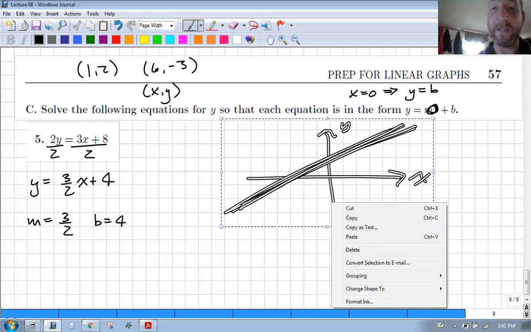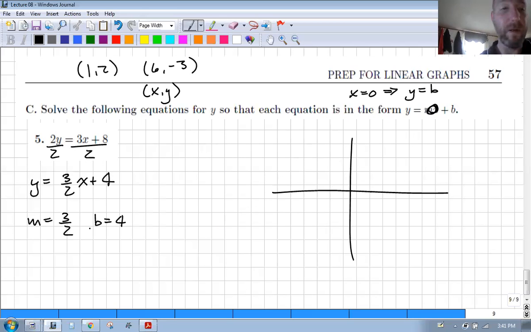What that tells us, if we wanted a solution to this equation, is this: if x is 0, then y is b, which is 4. So 0, 1, 2, 3, 4. That point there is one solution to this equation. If you plug in 0 for x, you will get y equals 4.